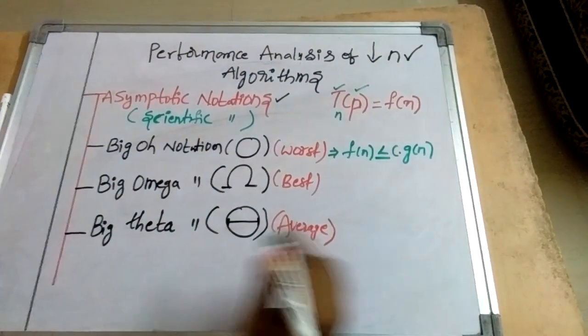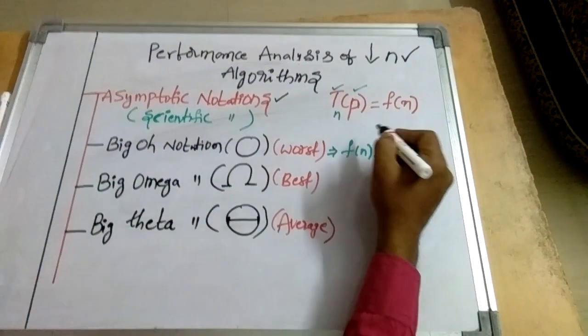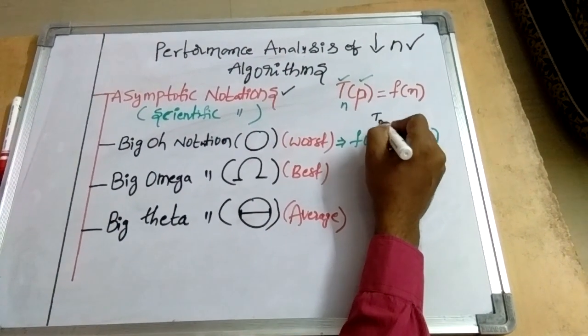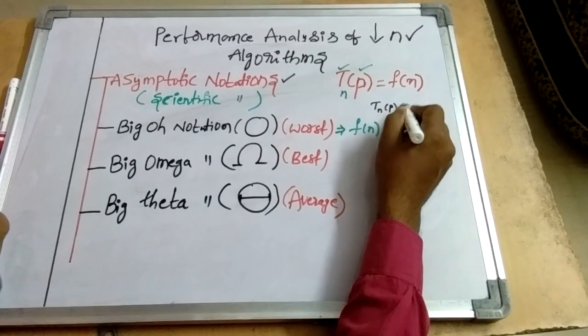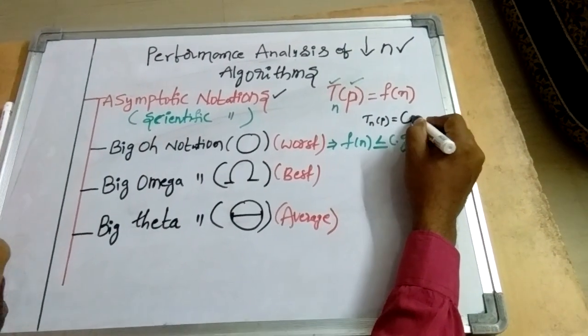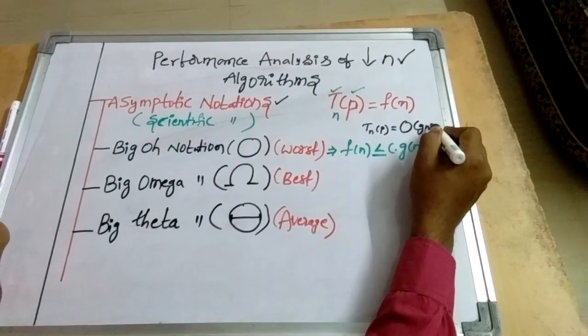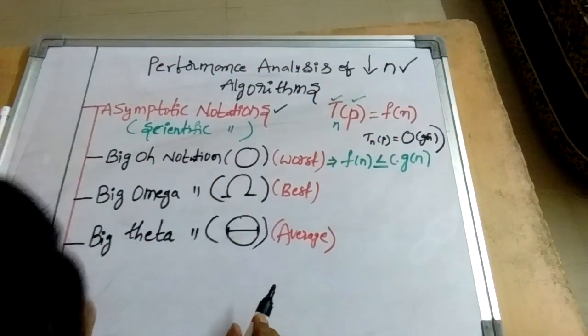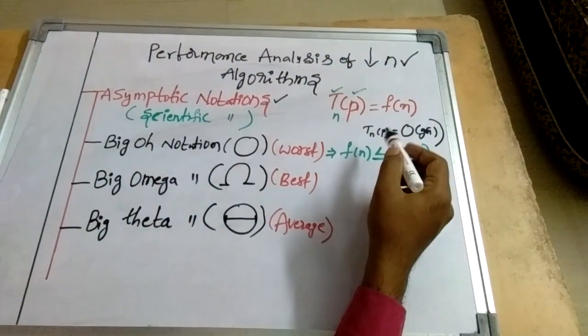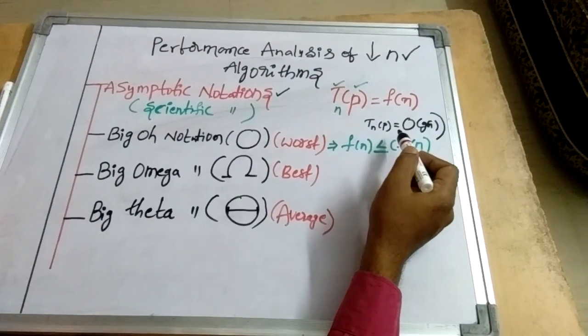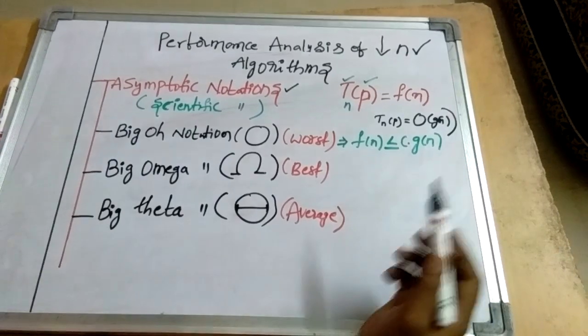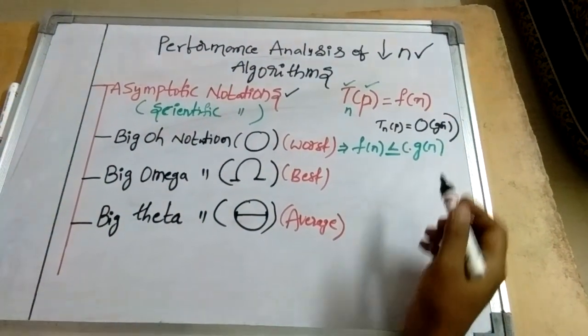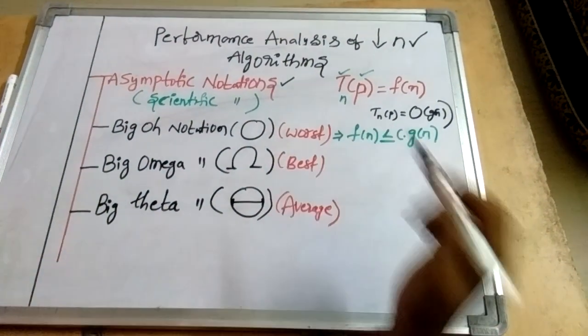Then the time complexity of a given problem, T_n of p, can be written as big O of g of n. So what is the g of n? How do we get the g of n? How do we get the f of n?